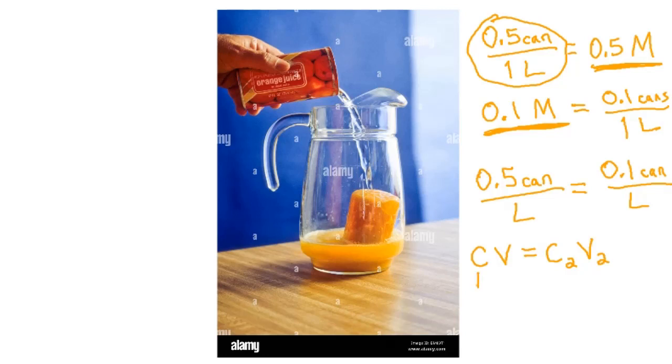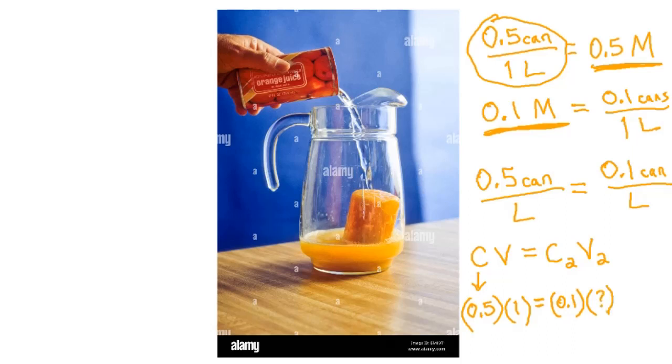So the original concentration you had was 0.5 molarity, and the original volume you had was 1 liter. But your niece comes over and she wants the orange juice diluted down to a 0.1 molarity. So how much water do you need to add in order to get the 0.1 molarity?